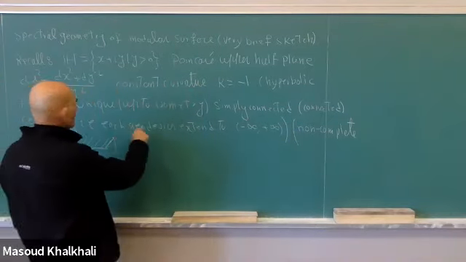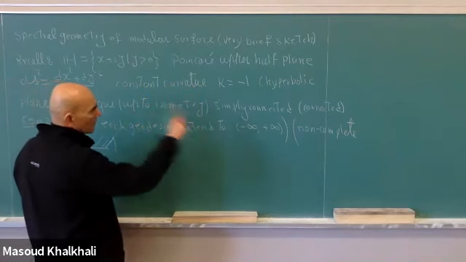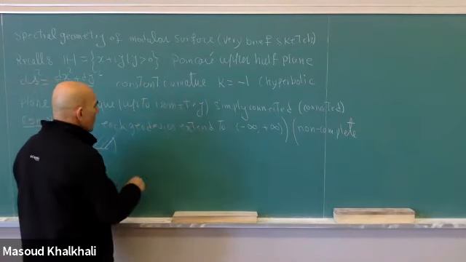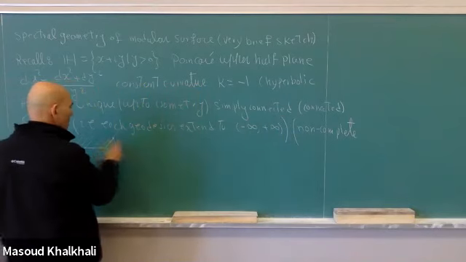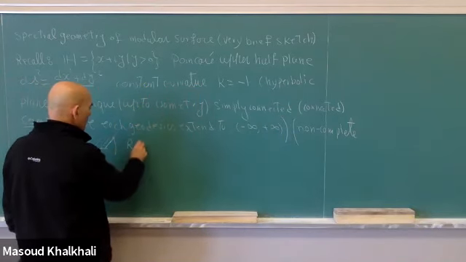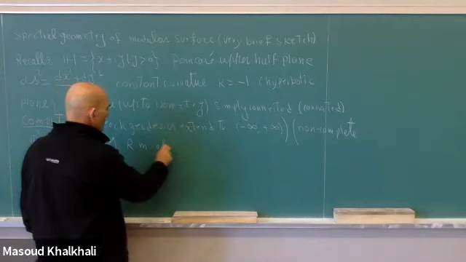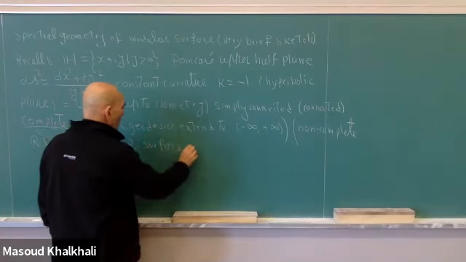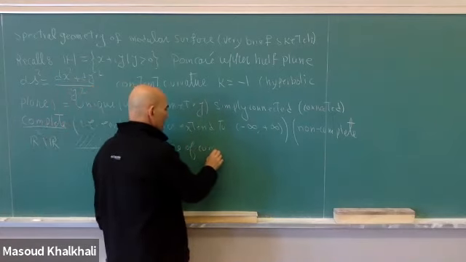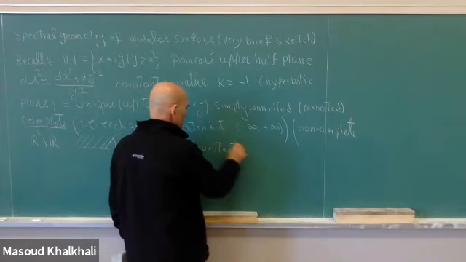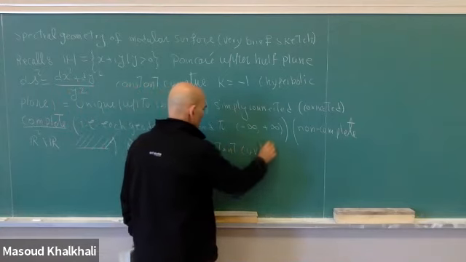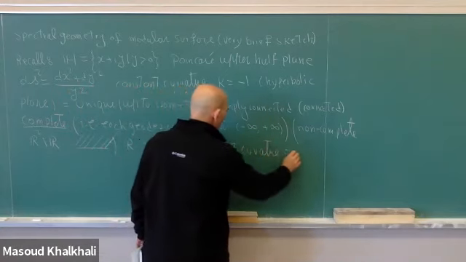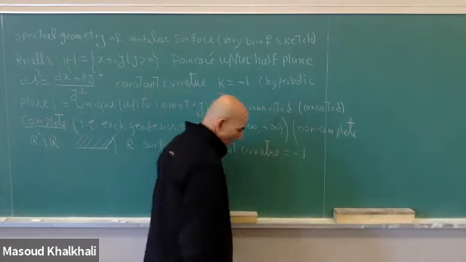So what is the statement? The hyperbolic plane is the unique, up to isometry, simply connected, complete Riemannian surface, two-dimensional, of constant curvature equal to -1.